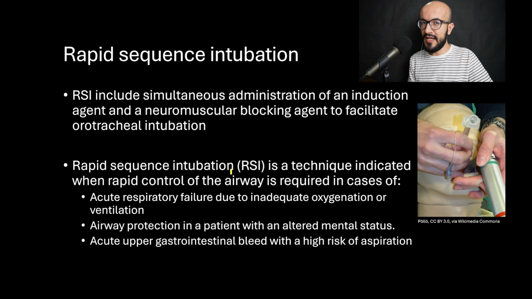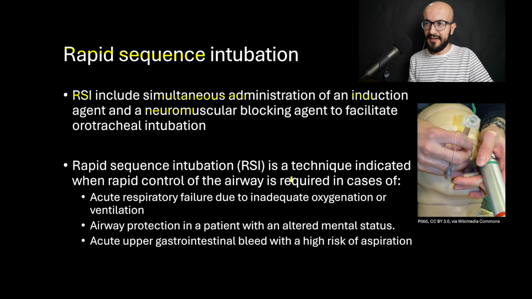So continuing our discussion about the airway management video playlist, in this video we will talk about rapid sequence intubation. The rapid sequence intubation, the RSI, includes a simultaneous administration of an induction agent and a neuromuscular blocking agent to facilitate orotracheal intubation.